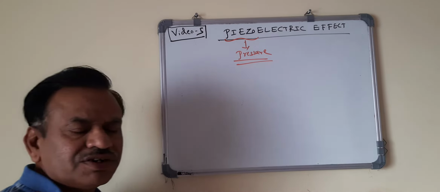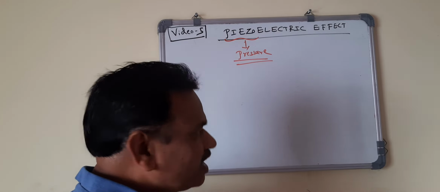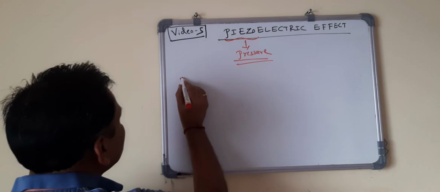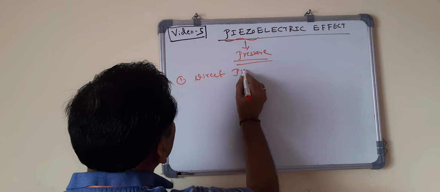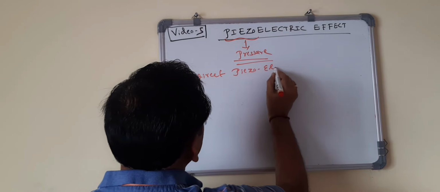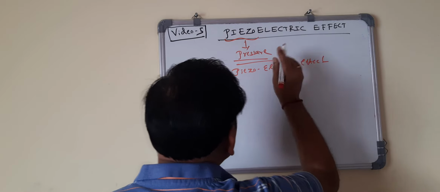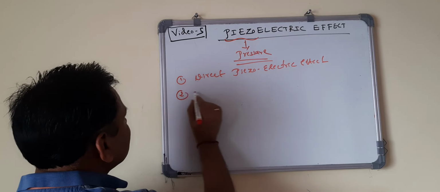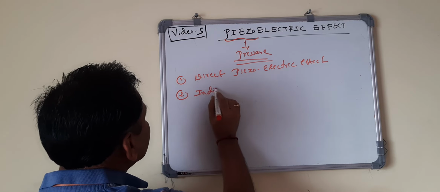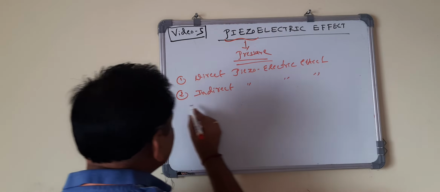There are two types of piezoelectric effect. One is the direct piezoelectric effect, and the second one is the indirect or reverse piezoelectric effect.